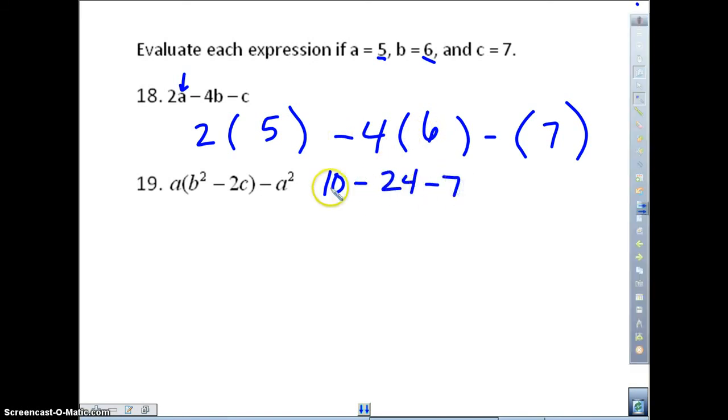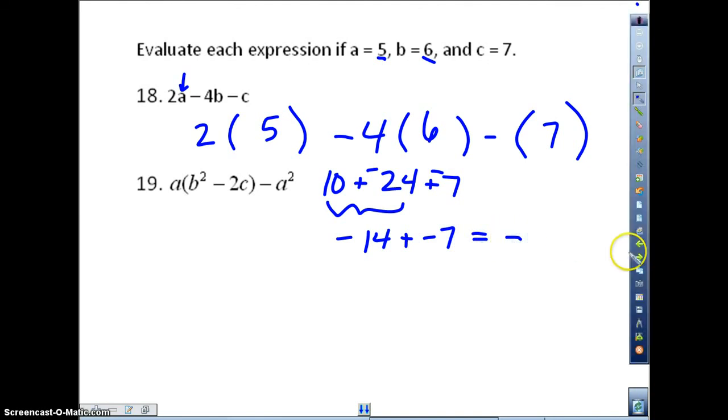Subtract 7. What is 10 subtract 24? You can add a line, change the sign anywhere you see subtraction. When you add those together, you get what? Yep, negative 14. What's negative 14 plus negative 7? We get negative what? Is that what you got? Okay.